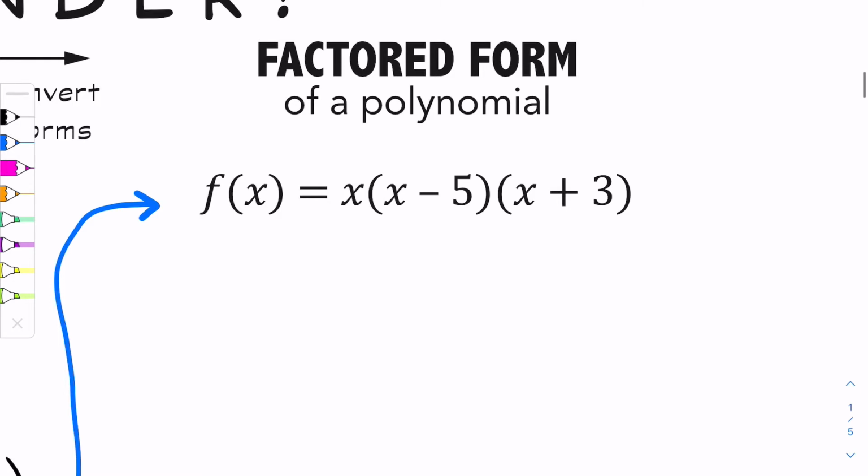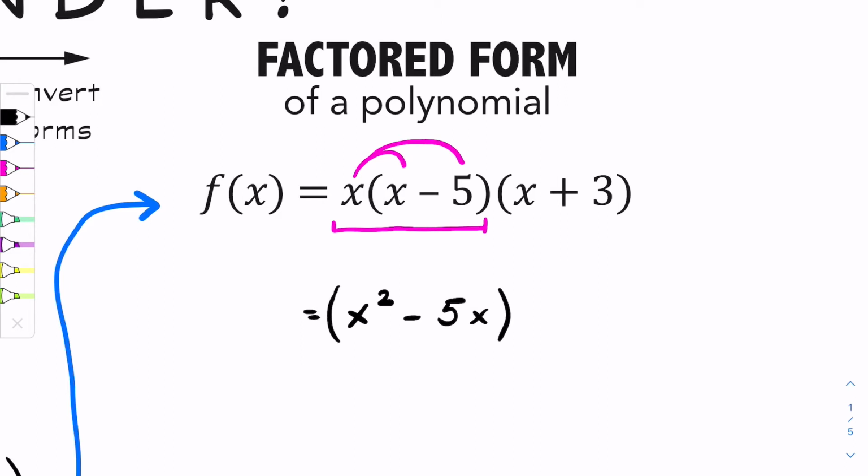I'm going to start with multiplying these two factors together. So I'm going to distribute my value of x to both terms in the first set of parentheses. This gives me the expression x squared minus 5x. I'm going to put parentheses around this because I am still multiplying it by that last factor of x plus 3.